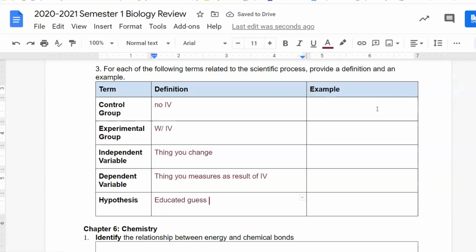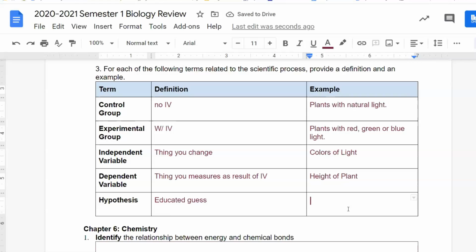So an example, I'm going to use the effect of different colors of light on plant growth. So my independent variable are colors of light. I'm going to measure the height of my plant. So these are going to be plants with red, green, or blue light. The control will be plants with natural light.